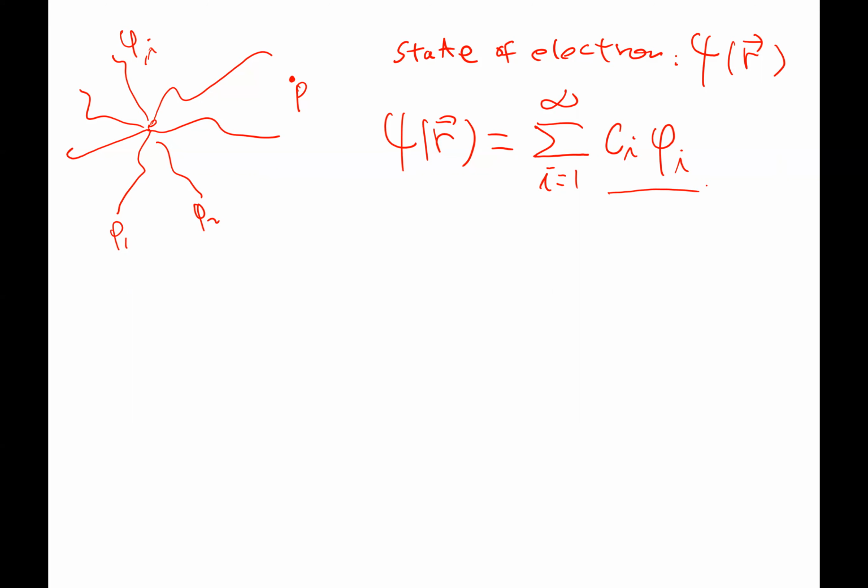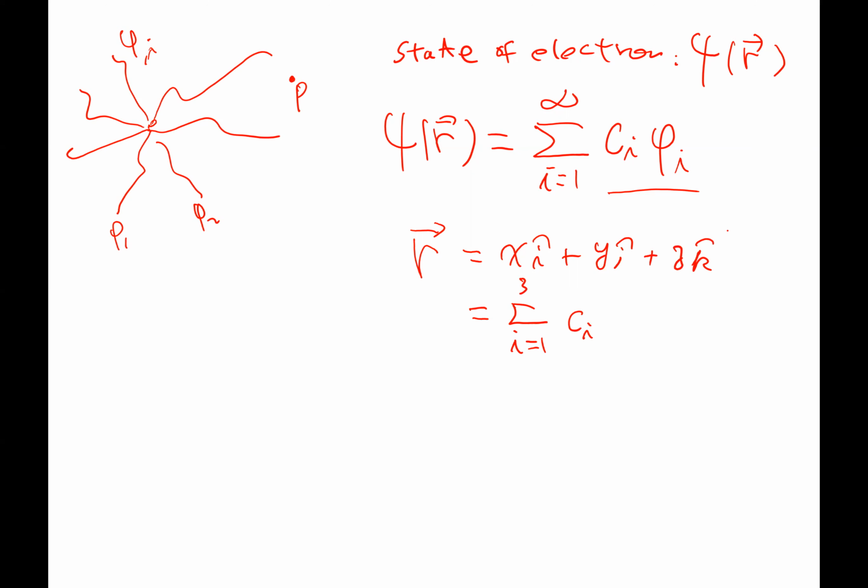So this is exactly equivalent to the classical case, for example, the position vector. We said that this is given by xi plus yj plus zk, right? We can also write this into this form: the sum over i from 1 to 3 of Ci alpha i.